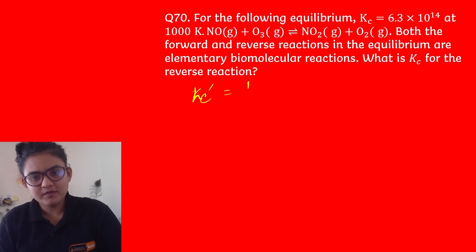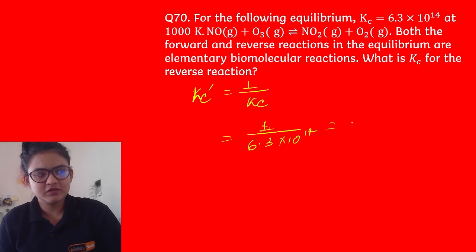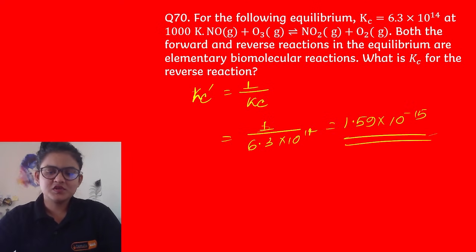That will be 1 by Kc. So simply calculate 1 by 6.3 into 10 power 14. That will give you the answer, which is something like 1.59 into 10 power minus 15. That's it. I guess you understood this.